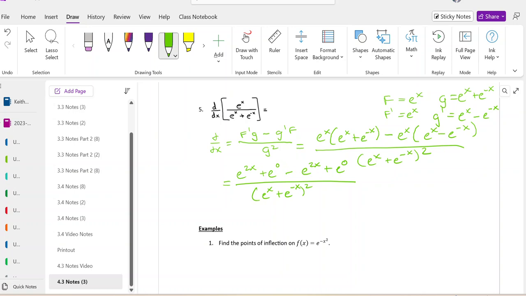Well, e to the 0 is 1, so 1 plus 1 is 2. These cancel each other out, so you get 2 over e to the x plus e to the negative x squared, and that is your derivative.